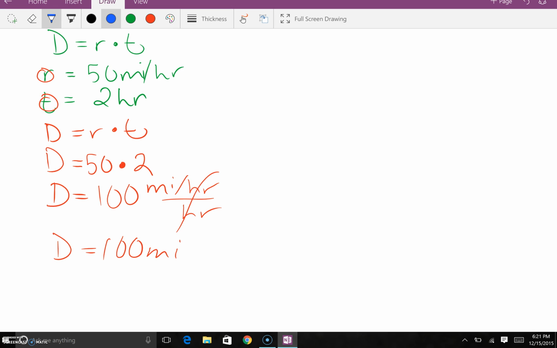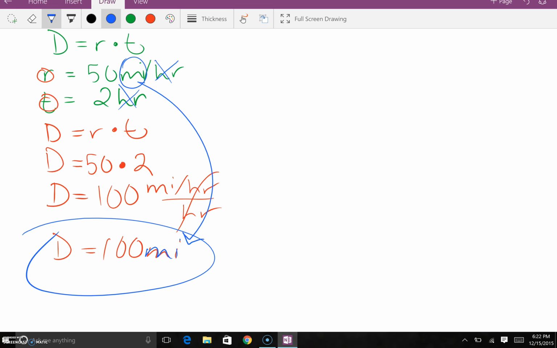Am I going to use hours? Or miles per hour? Well, clearly, miles per hour is going to be your rate. Time is going to be just the hours. So that means that the distance is going to be miles. Or you can look at it as, I am going to cancel out my like terms, and whatever I'm left with is what I'm going to be using in the end.